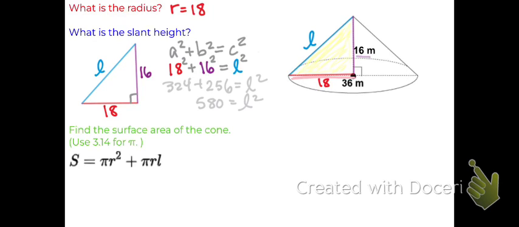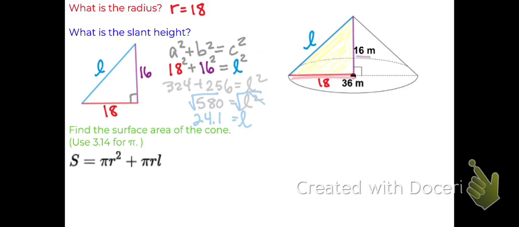Then remember, how do we undo the square to get L by itself? The inverse of squaring is square root. So if we square root this side, it cancels out that square. So we need to take the square root of 580 as well. And when I do that, I'm going to round to the nearest tenth, I get 24.1.